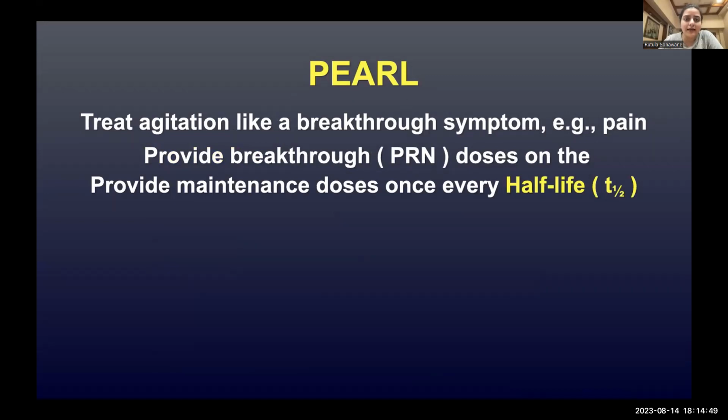Then agitation can be treated as a breakthrough symptom. As and when there is an episode of agitation, you can give SOS doses of antipsychotics, and a regular maintenance dose of antipsychotics as it's ongoing.